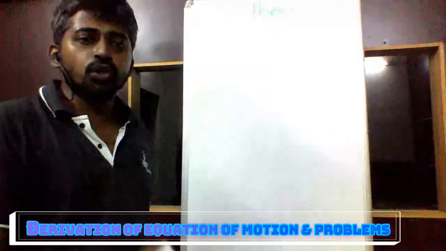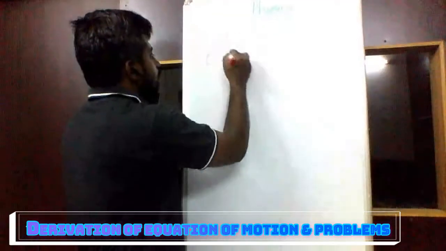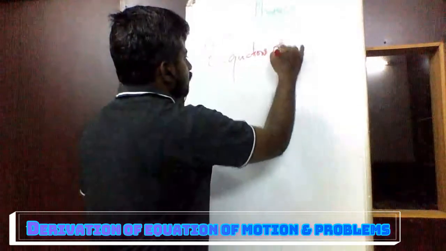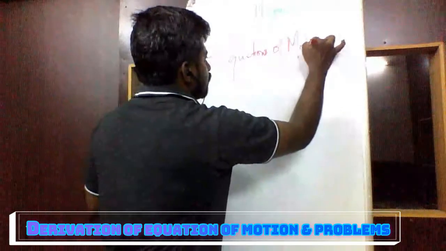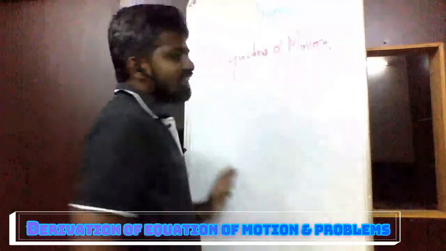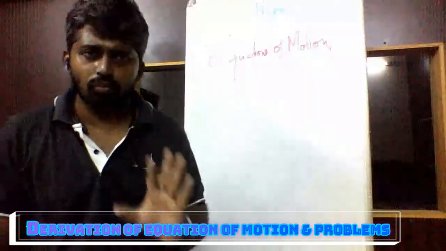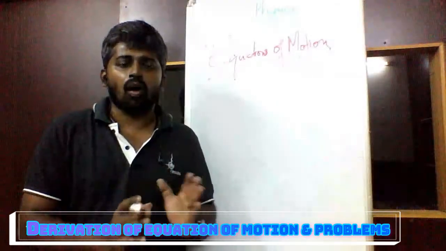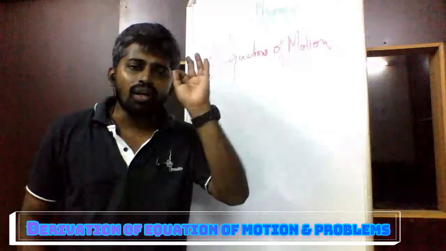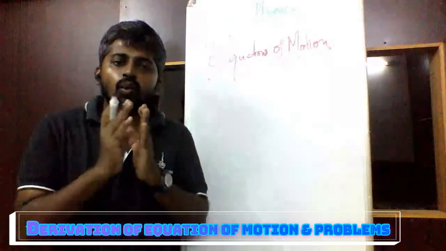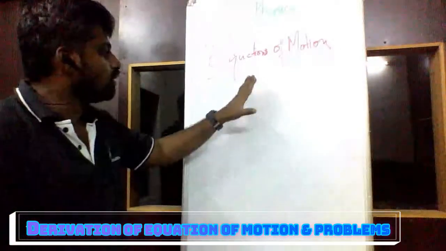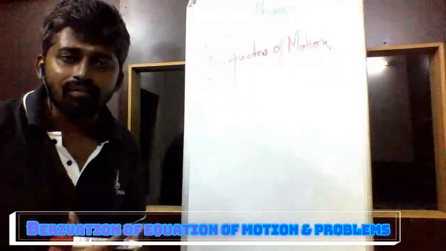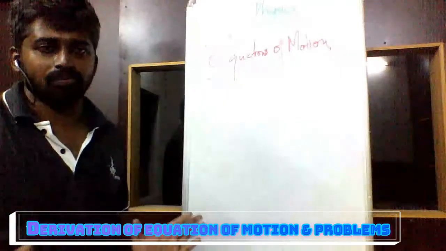We are going to do equations of motion. There are three equations of motion. All the kinds of motion are derived into only three equations. We are going to find what these three equations of motion are, how to derive them and how to solve problems. That's it.